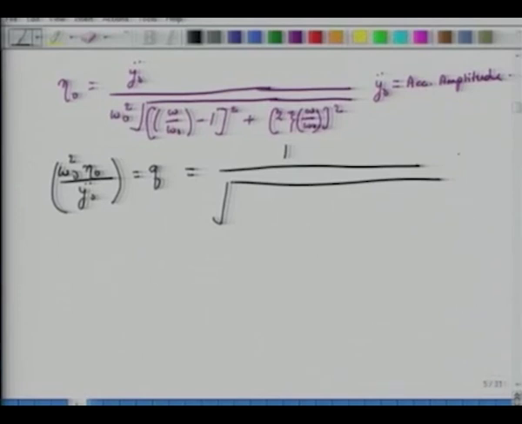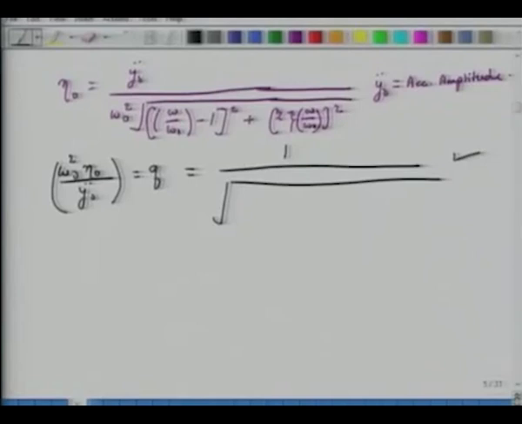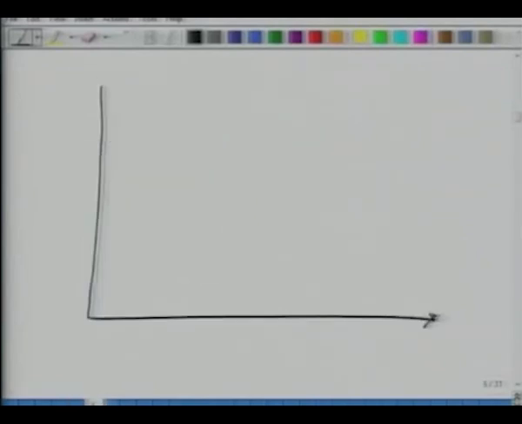So now if I plot this equation, q on the vertical axis versus normalized frequency, this is what I get. So what I'm plotting here is q. On the horizontal axis I have normalized frequency omega over omega naught.